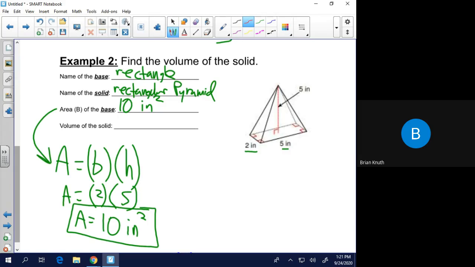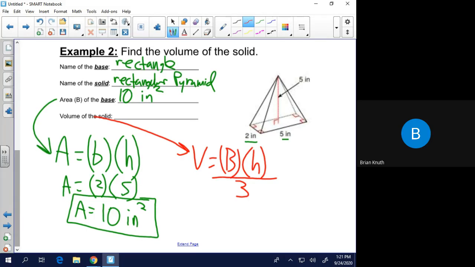Switch colors. Now we're going to go to the solid again. Okay, recall that the formula for volume of a solid is volume equals base times height divided by 3. Okay, our base again is the 10. So volume equals 10 times my height, the height of the entire object, which is 5, divided by 3.